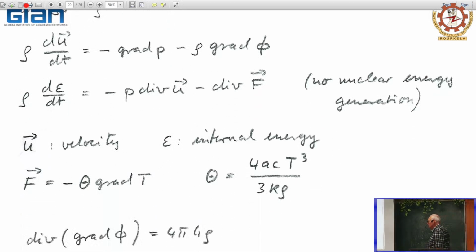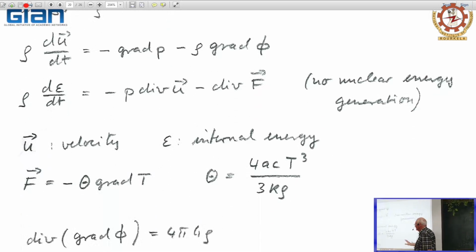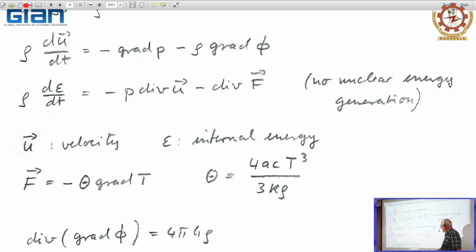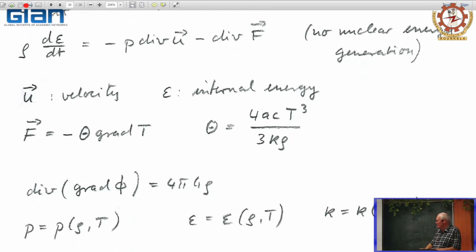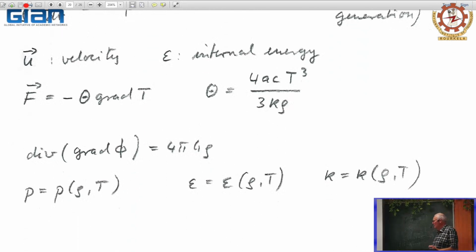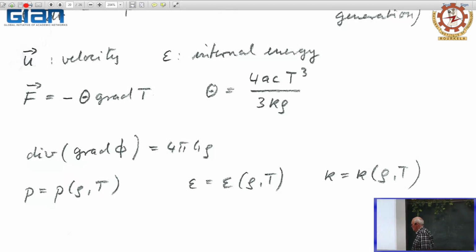We have an energy transport according to the diffusion approximation, radiation diffusion, and the equation for the potential is Poisson's equation for the gravitational potential. We have a thermal and a caloric equation of state, and we have a prescription for the opacity.